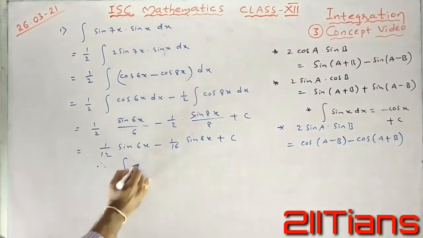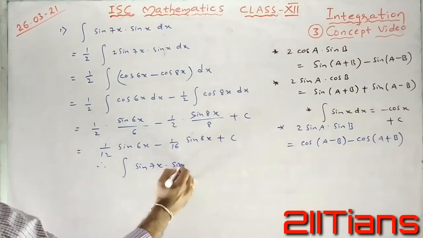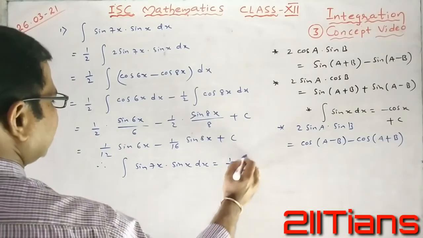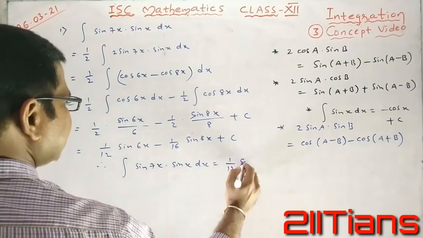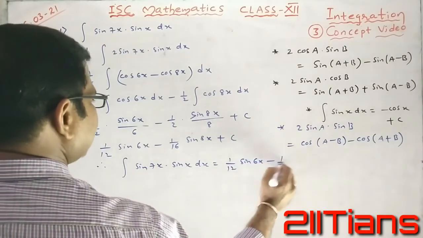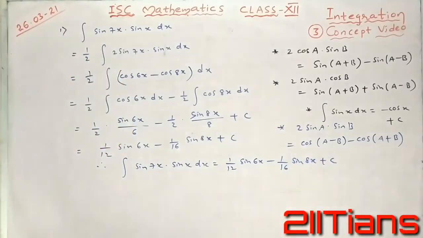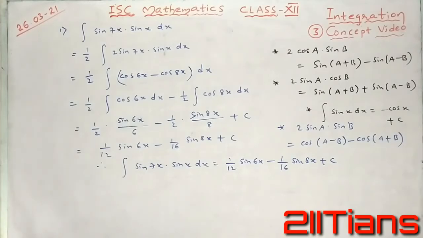Therefore, integral, if you take LCM also no problem. Sin 7x sin x dx equal to 1 by 12 times sin 6x minus 1 by 16 times sin 8x plus c. That is the final answer. Okay?